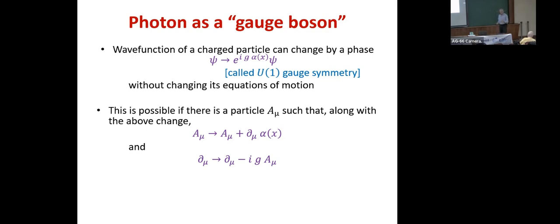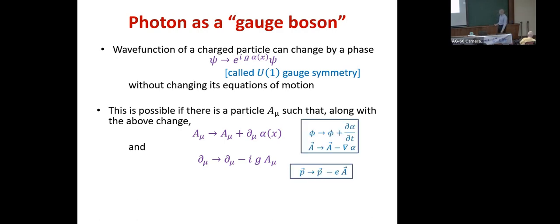And at the same time, instead of the derivative that we had in the Lagrangian, we write del mu minus i g times A mu. You could do this by yourself if you haven't done it yet 100 times already in your classes. Substitute this, do the gauge transformation, and you will find that indeed the Lagrangian ends up being the same as earlier, except in the form of these new values of A mu and del mu.